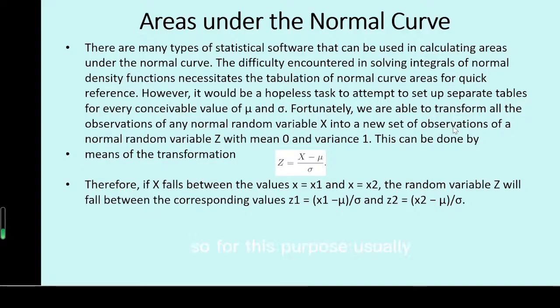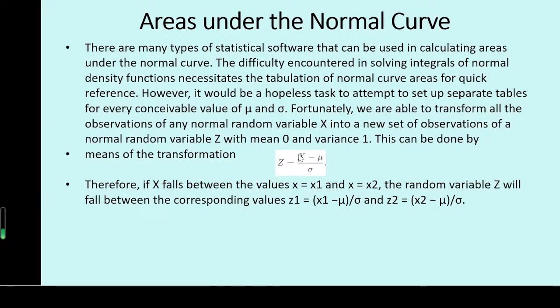For this purpose, usually we transform a normal random variable into a new set of observations called the standard normal random variable, Z, with mean 0 and variance 1.